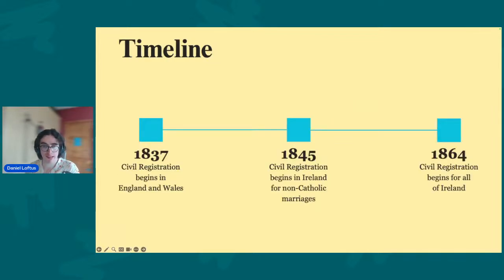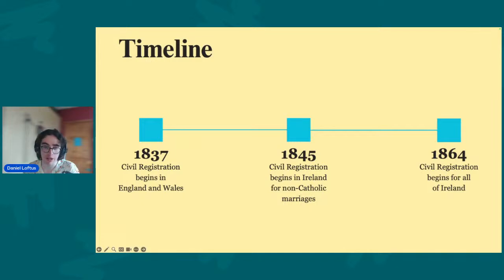So first, let's start with a little timeline. I put in 1837 because when we were still the United Kingdom of Great Britain and Ireland, we didn't have civil registration, when England and Wales started having it in 1837. The first degree of civil registration in Ireland started in 1845, when at that time it was only recording any marriage of a non-Catholic denomination.